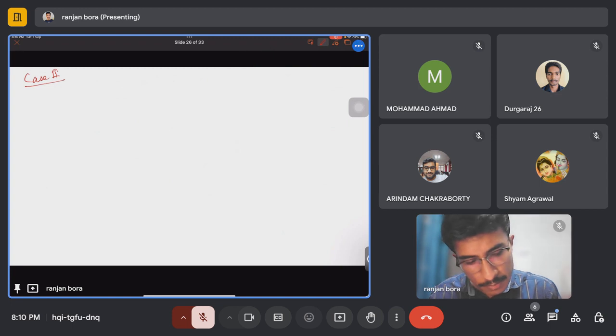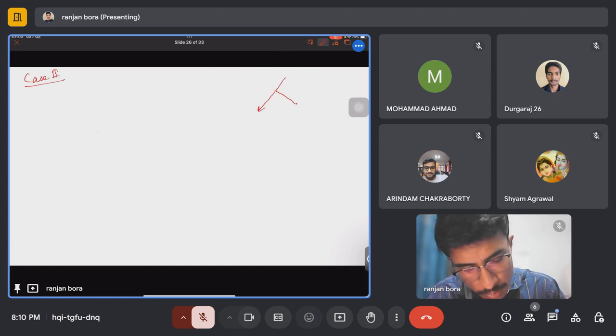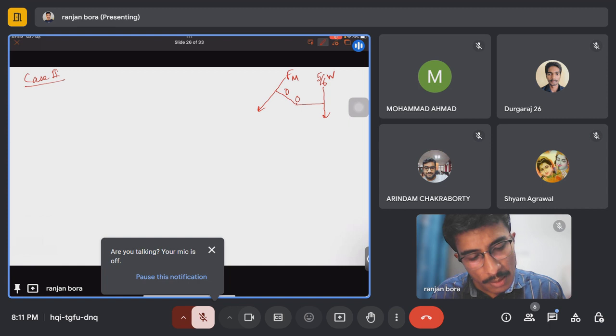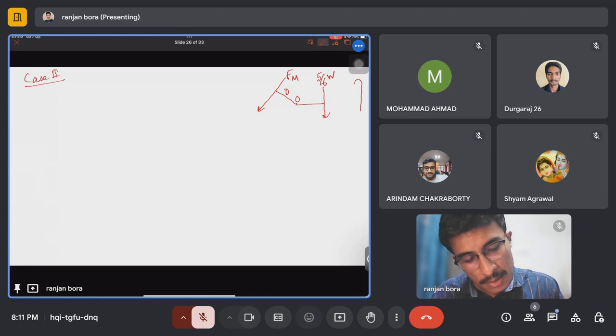So case 2 is, this was our O, this was FM, D point O, this is 5 by 6 W, and when he holds the can on the opposite side, means this side, the can will come on this side.